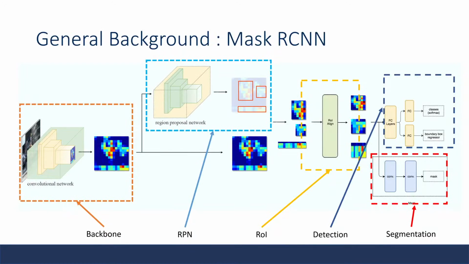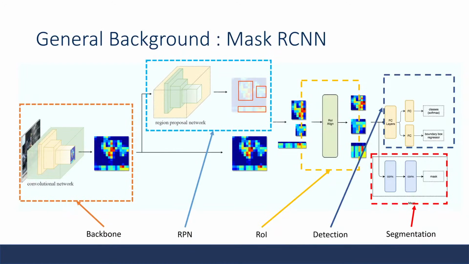As we said before, the method is extended from Mask R-CNN, so it's easier to understand 3D-SIS if we know the pipeline for Mask R-CNN, which consists of 5 parts. The first one is a backbone to extract the image features. The second one is a region proposal network, which will propose a set of anchors that may contain objects.